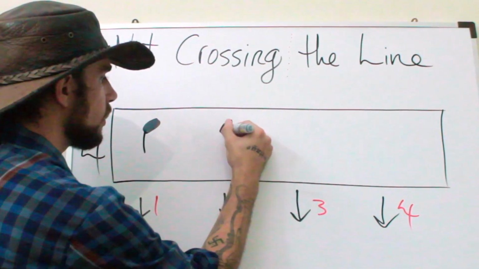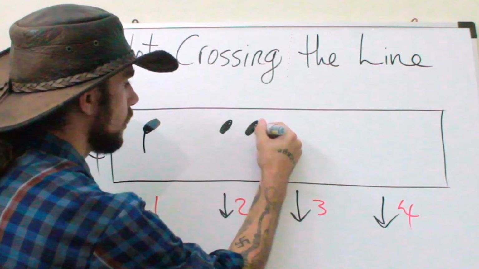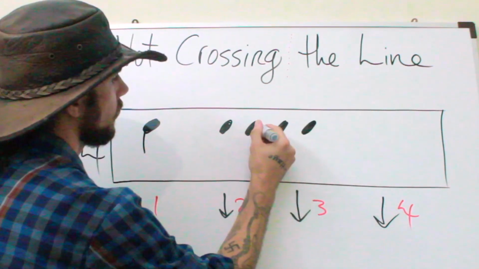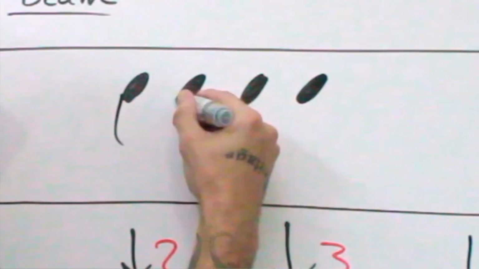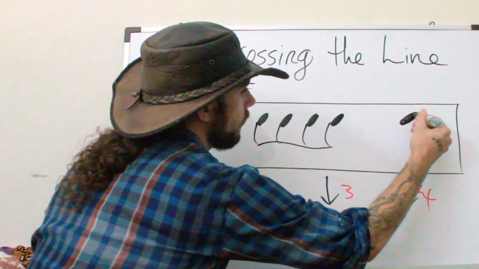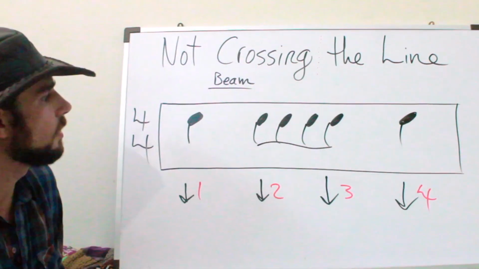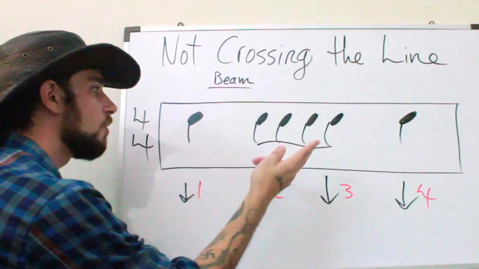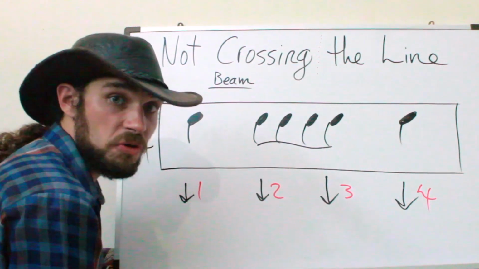We know that we can totally tie these together, often referred to as beamed notes. Then we can put our quarter note here. And technically we've got a quarter, 2 eighths make a quarter, these 2 eighths make a quarter.